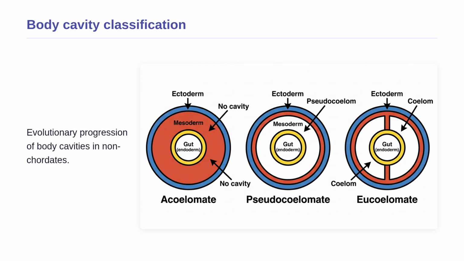In the middle is the pseudocoelomate, which has evolved a simple cavity between the inner and middle tissue layers to help circulate fluids. Finally, on the right, we see the eucoelomate, possessing a true coelom entirely enclosed within the middle tissue layer. This diagram visually summarizes how animals evolved internal spaces to overcome the physical limits of diffusion.